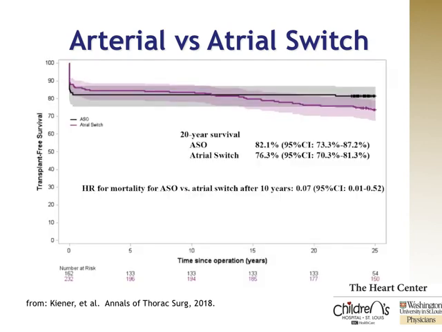And so they did some survival curves, 20 and 25-year survival curves, and this is survival from diagnosis, so it included perioperative mortality. And we can see for both the arterial switch, which is the black line, and the atrial switch, which is the purple line, there was a steep mortality right away.